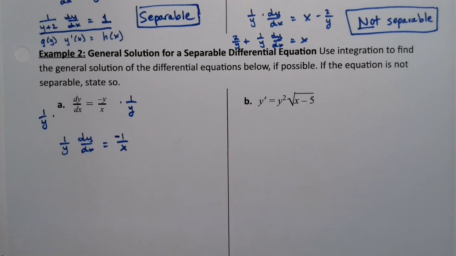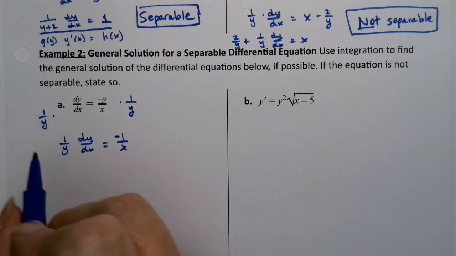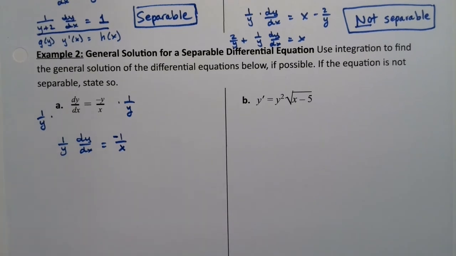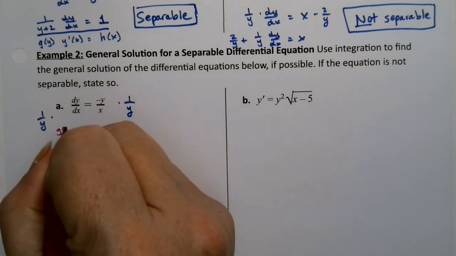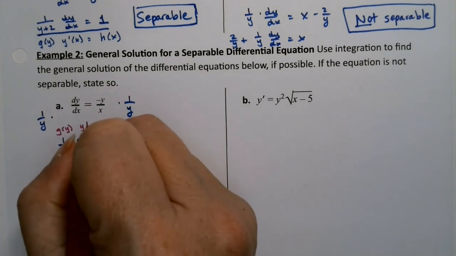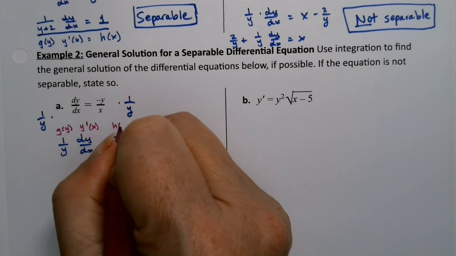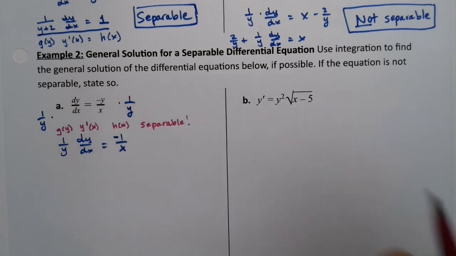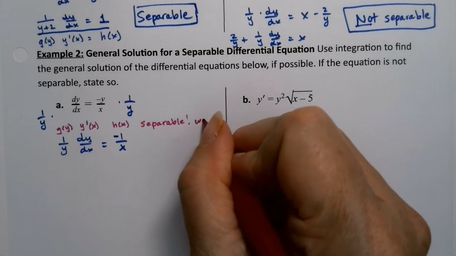This is the separable differential equation form. So that means that I can solve this. I'll just make a note here: g of y, y prime of x, h of x. Separable. Woot. Makes us very happy. Matter of fact, I'll put a little woot next to it.